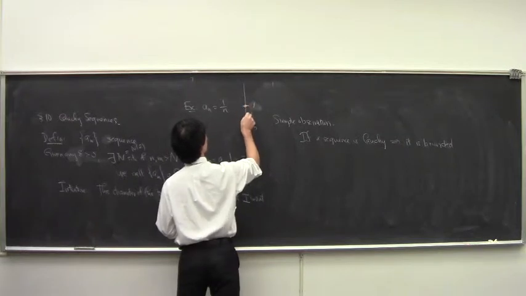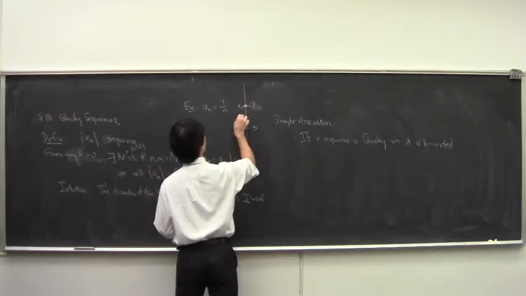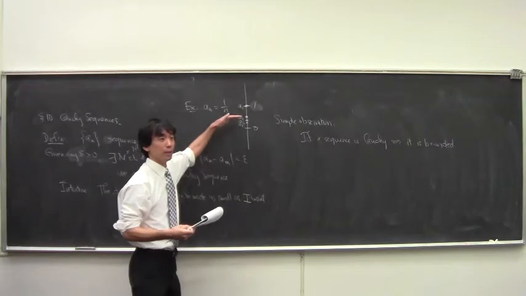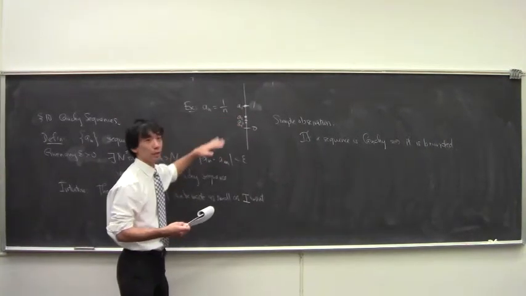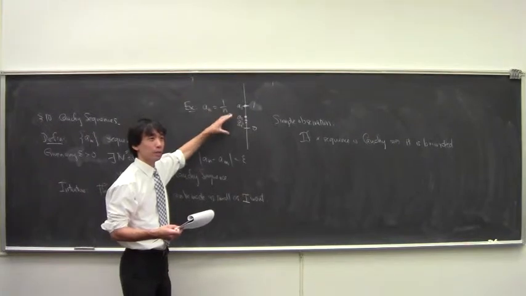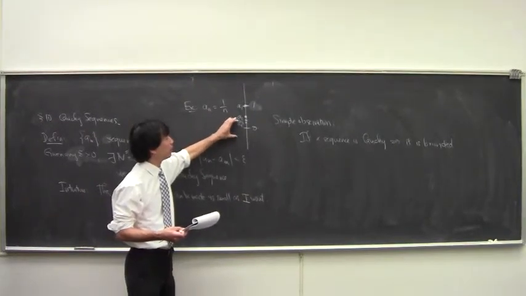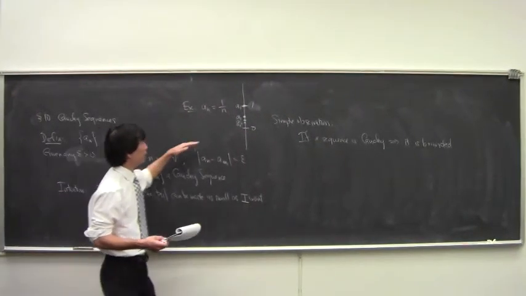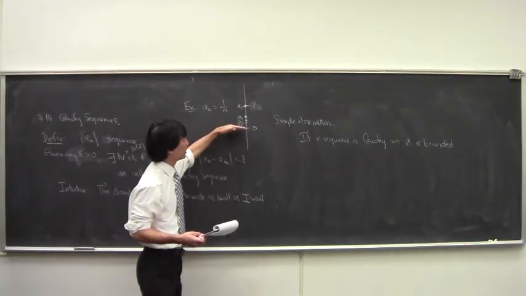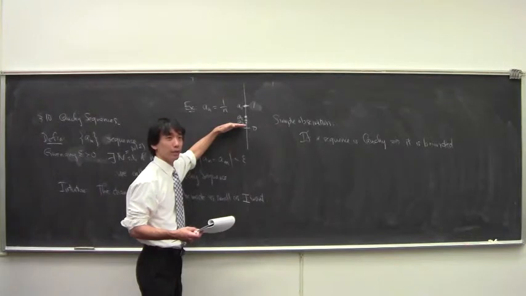Here's a1, here's a2, here's a3, here's a4, and so on and so forth, and they have an accumulation point at 0. Now this is a Cauchy sequence, because given any epsilon, I can find a time past which everybody is within epsilon of each other.